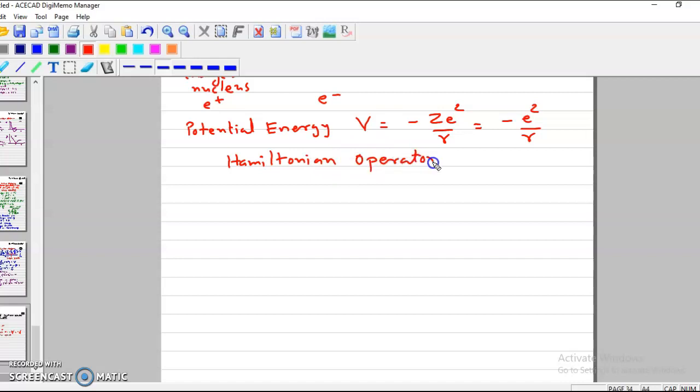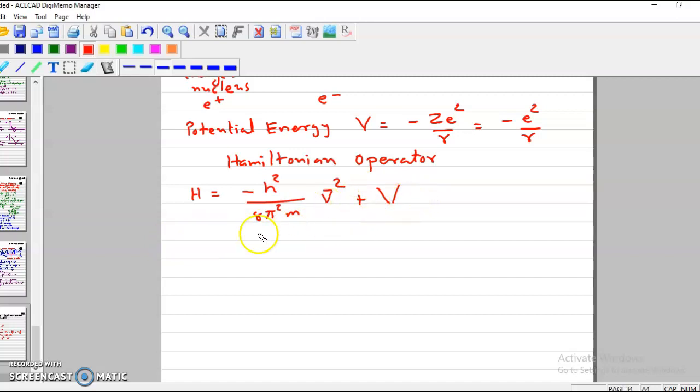So Hamiltonian operator for hydrogen, that is total energy of hydrogen, is equal to minus h square upon 8 pi square m Laplacian operator del square plus potential energy V.